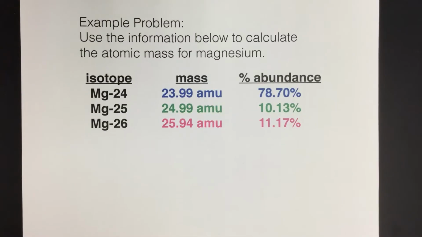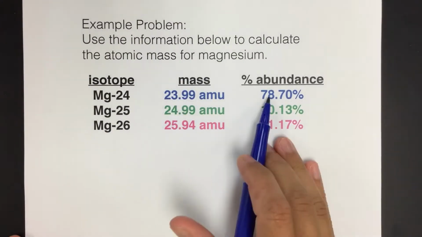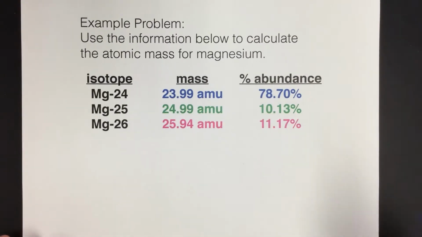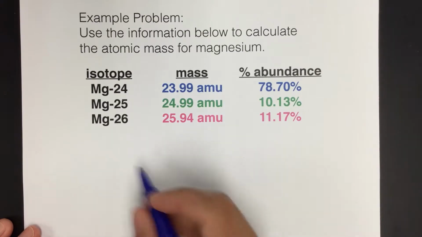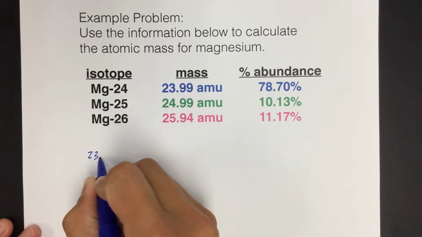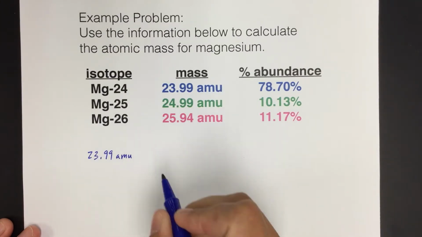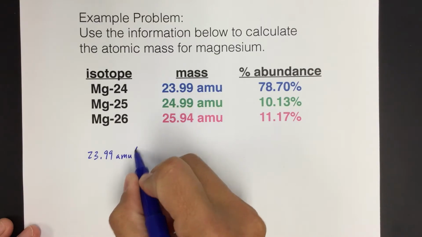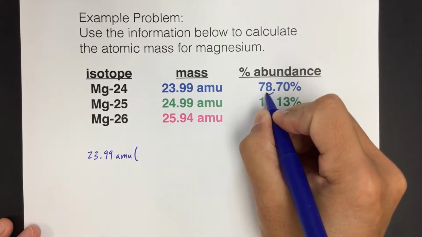Okay, so to set up our problem, I'm going to color code this to make it easier to see. We're going to be following this formula. Okay, so I'm going to take, and it doesn't matter if you do the mass first or the percentage first, but you just want to be organized here. So I'm going to just start with the 23.99 AMU, and then we want to multiply that by the abundance, but we want to turn this into the decimal form.